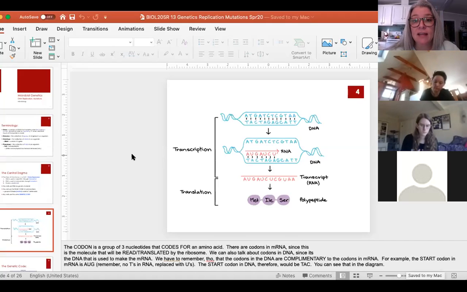So it's not like transcription, where just one strand gets used because one of the two DNA strands has the gene in it. When you talk about DNA replication, both strands get copied, the entire strands. So replication's a little more straightforward than transcription and translation are.